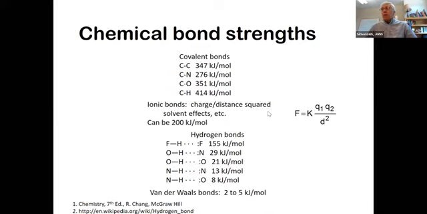It gets a lot more complicated than that, of course, when you get into real life with solvent molecules and all that kind of stuff. But in just isolated point charge atoms, that's what it is. Typically, these can be in the neighborhood of 200, so they're smaller than covalent bonds, but still reasonably strong. When you get to hydrogen bonds, again, fluorine's a special case.